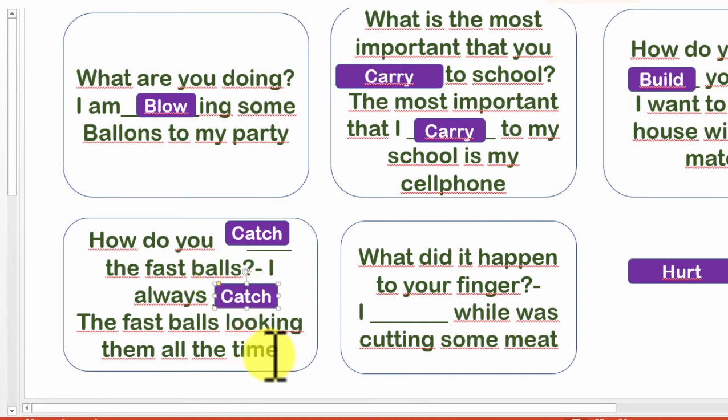Como son bolas rápidas, es atrapar. ¿Cómo tú atrapas las bolas rápidas? Yo siempre atrapo las bolas, mirándolas. Them es a ellas. All the time es todo el tiempo.